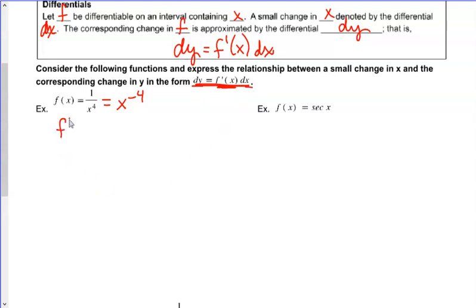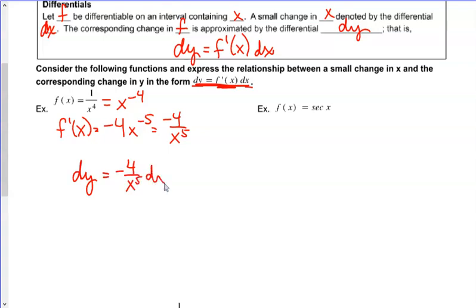So if I take f prime of x, bring this negative 4 out front, and decrease the power by 1, I get negative 4 over x to the 5th. And that is what I'm going to plug right in here. So therefore my final answer is dy is equal to negative 4 over x to the 5th dx. And that represents the change in y for every change in x, multiplying it by negative 4 over x to the 5th.